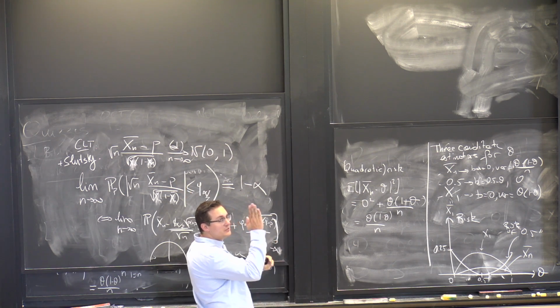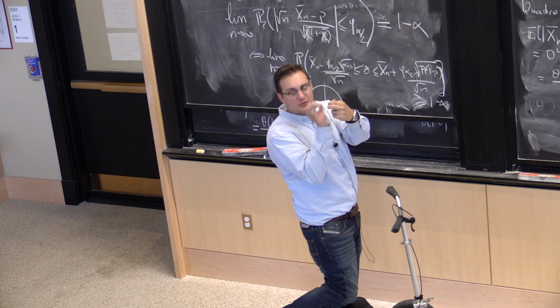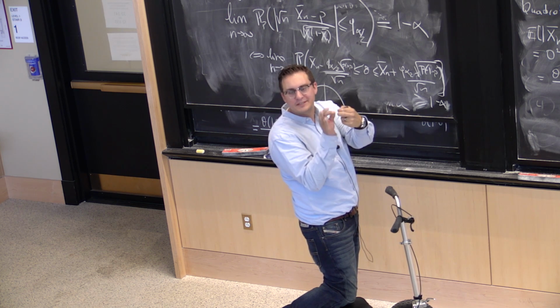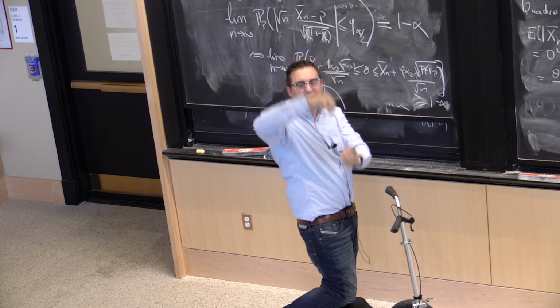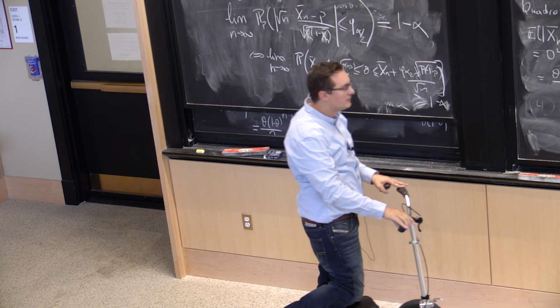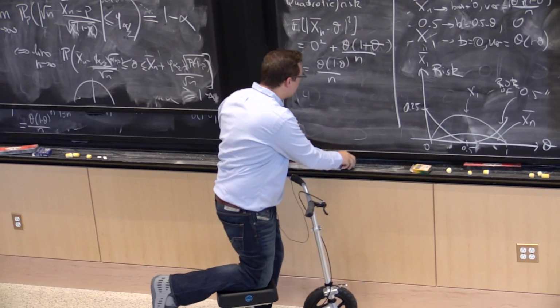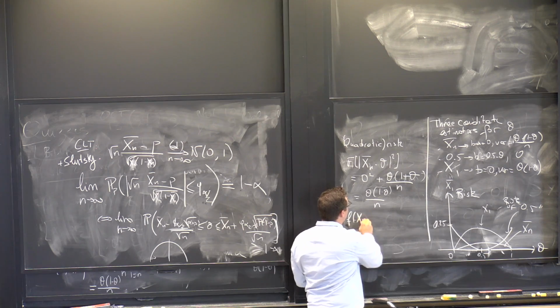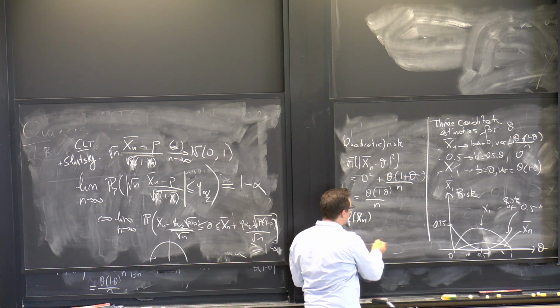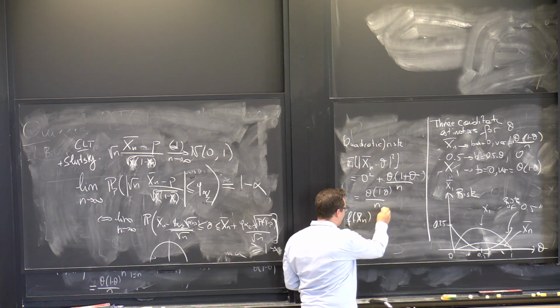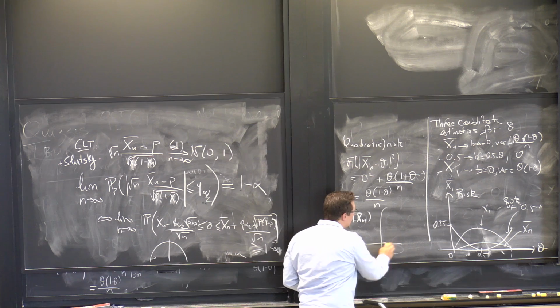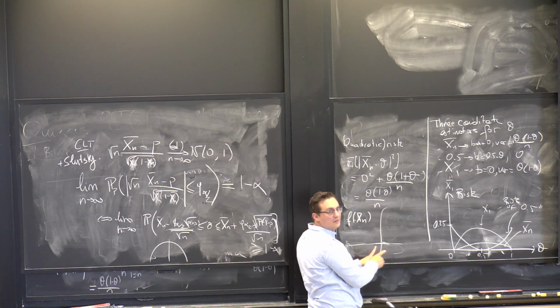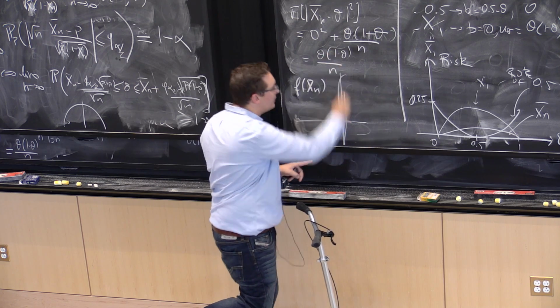And so if this function is super sharp, then small fluctuations of xn bar around its expectation are going to lead to really high fluctuations of the function itself, right? So if you have f of xn bar and f around, say, the true p, if f is really sharp like that, then if you move a little bit here, you're going to move really a lot on the y-axis.